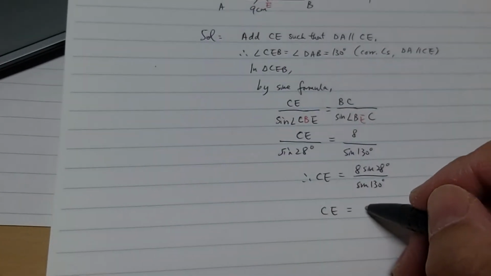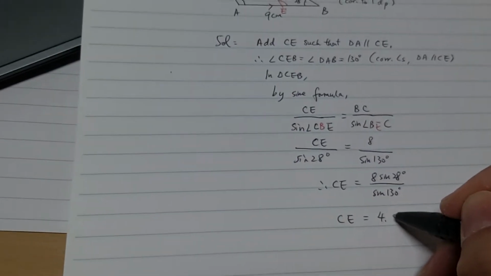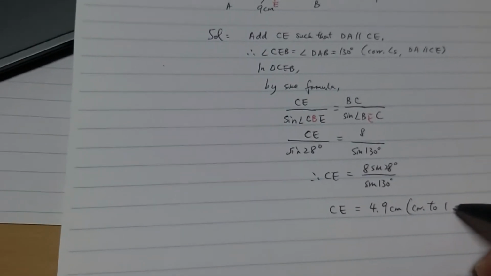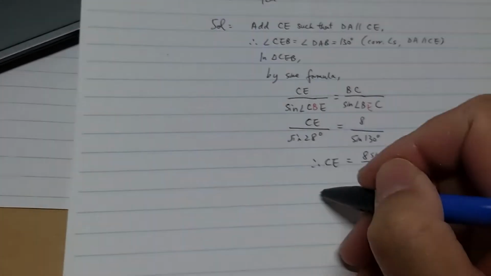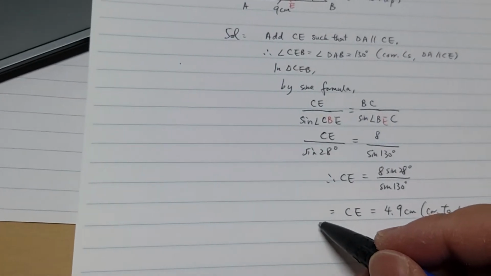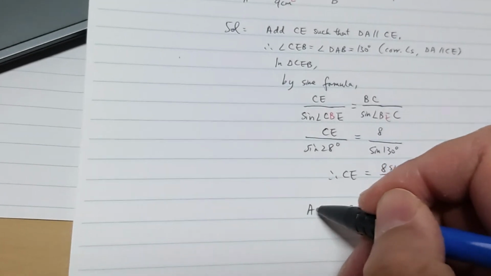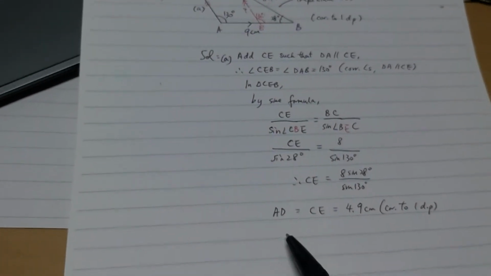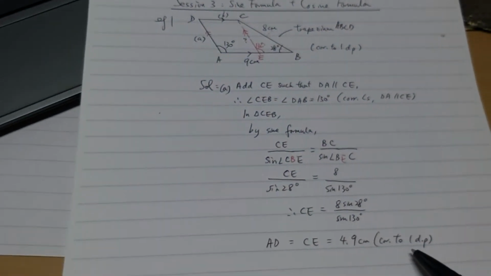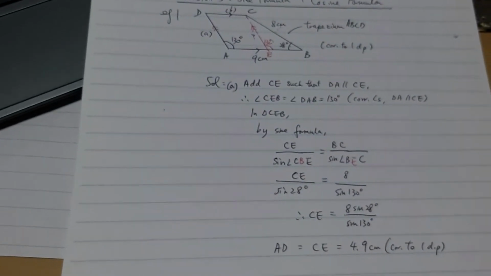After calculation, we have 4.9 cm, correct to 1 dp, which is equal to what we are asked to find, AD. So in part A, the length of AD is 4.9 cm, correct to 1 decimal place.